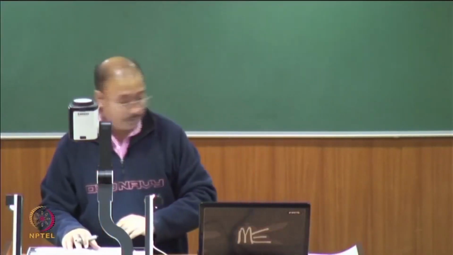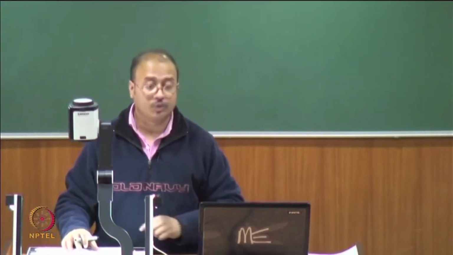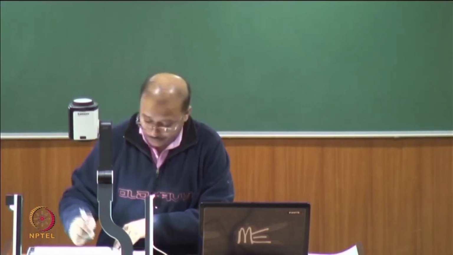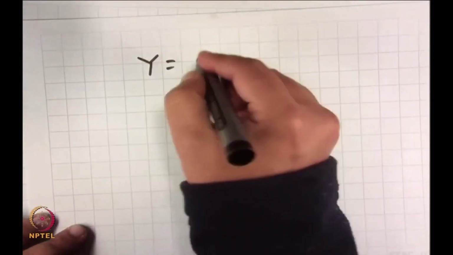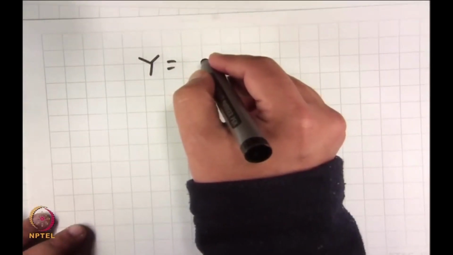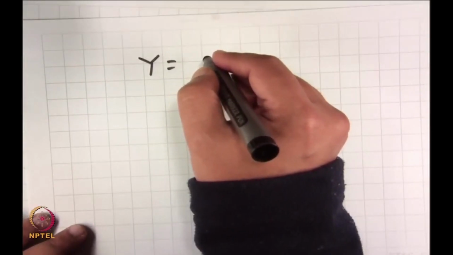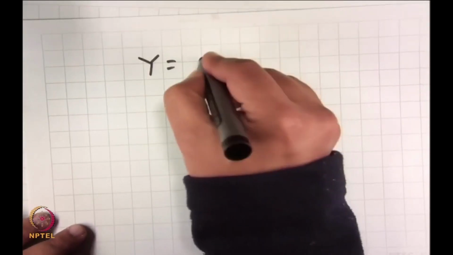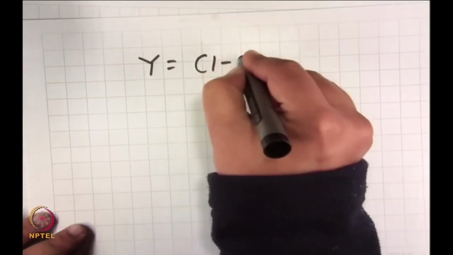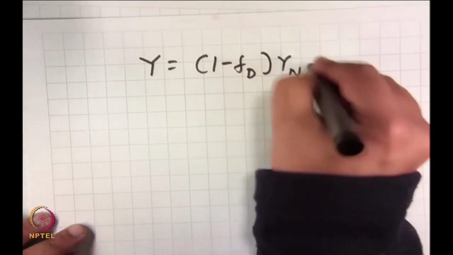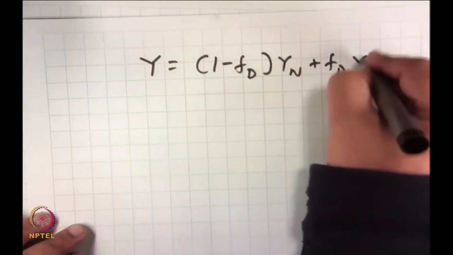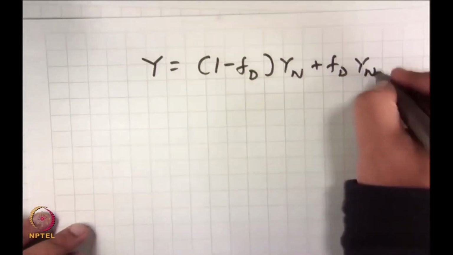Now based on these two equations, what I can do is I can write y is equal to f of n y of n plus f of d y of d. There is a relation between f of n and f of d. So f of n would be equal to 1 minus f of d, then I can write y is equal to (1 minus f of d) y of n plus f of d y of d, right.